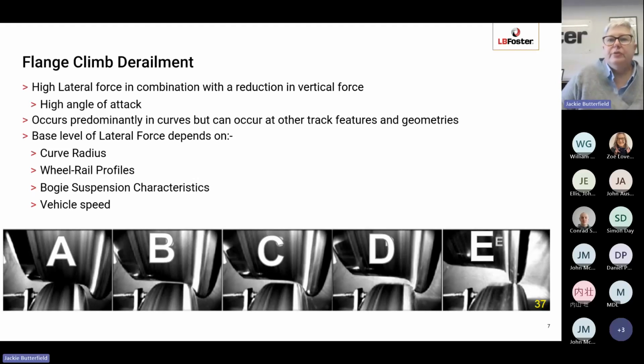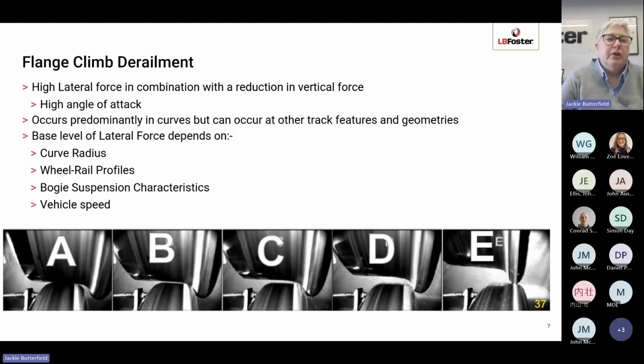This tends to be induced by a large wheel set angle of attack in curves, and the vertical force can be reduced where you have poor vertical load equalization, for example, on rough track, if you have a large track twist, or if the carriage is experiencing roll resonances.